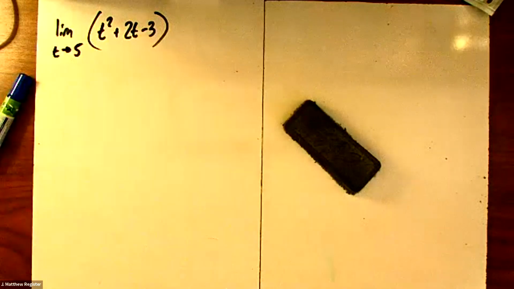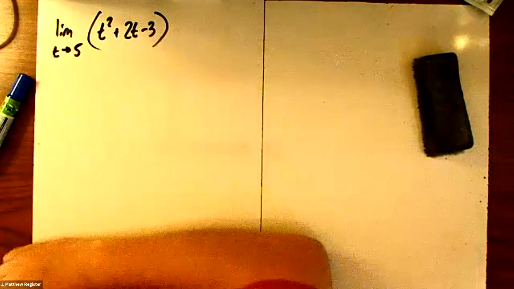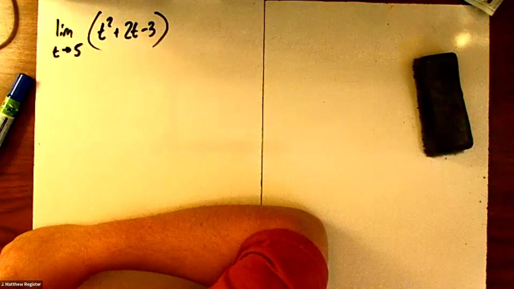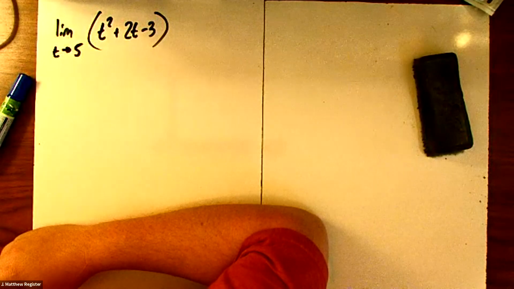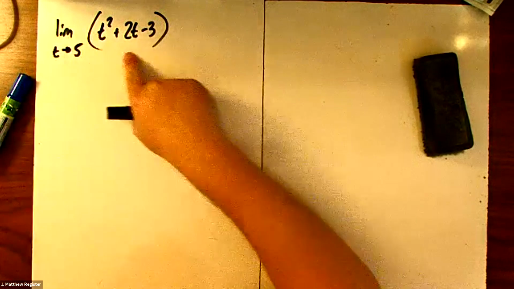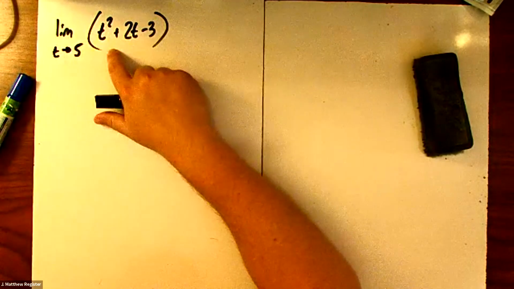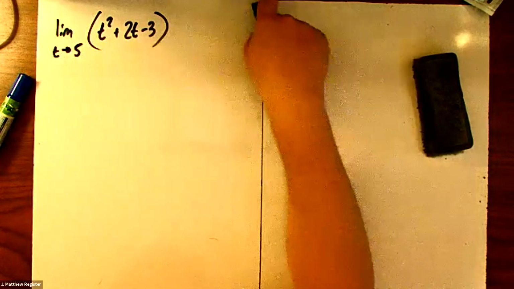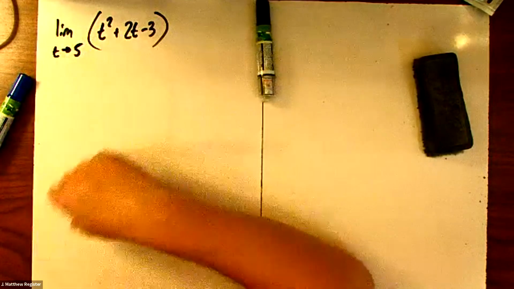So for this first one, really what you should ask is, can I just plug the number in? And if you're able to, you can probably get away with it. We consider these functions continuous functions because there's nothing weird going on with the domain or range or anything about this. This is a quadratic. We know quadratics and how quadratics work. And so we could just take 5 and plug it in.